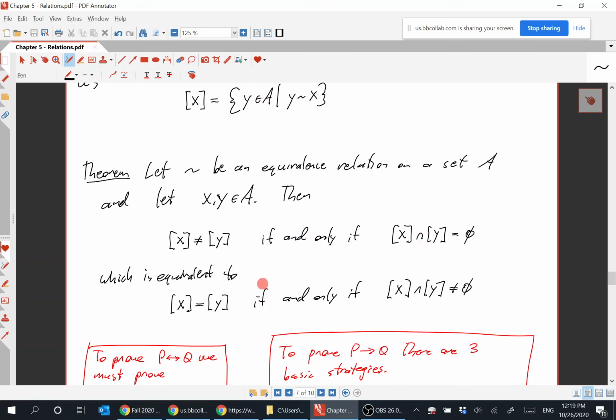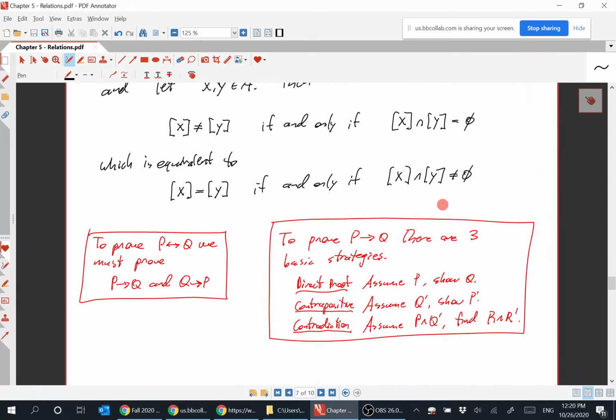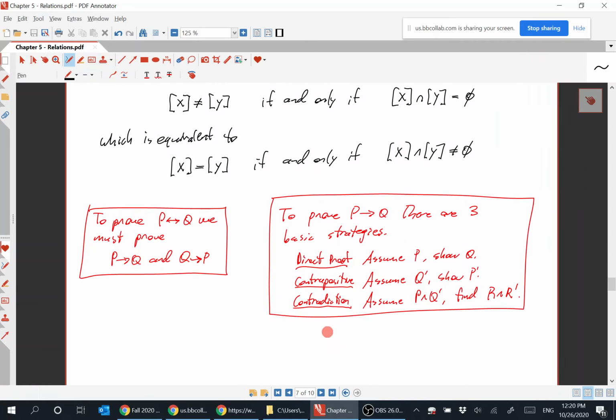Equivalently, you can negate both propositions. Equivalence class X is equal to equivalence class Y if and only if they're not disjoint. So two equivalence classes are either equal or they're disjoint. Of course, not both.